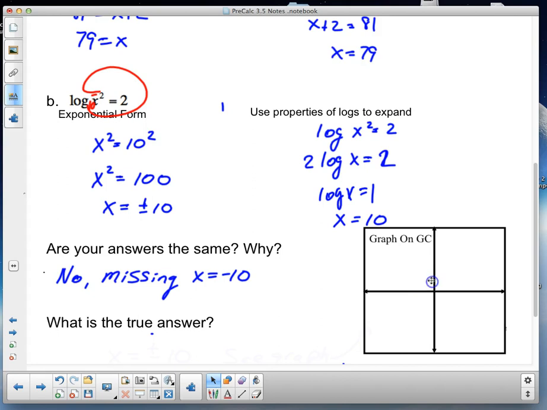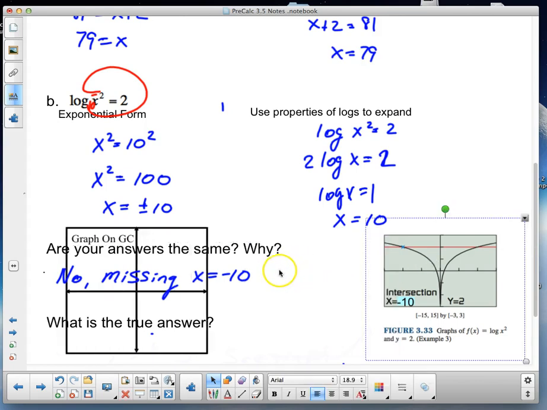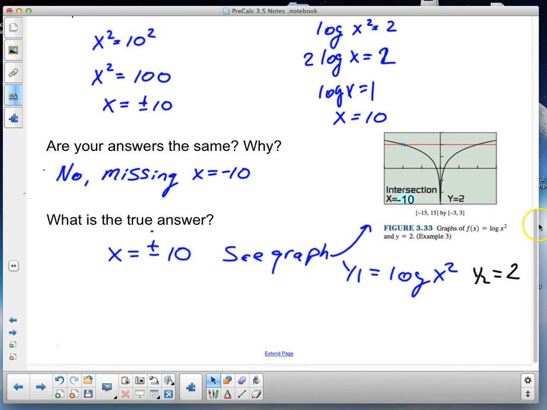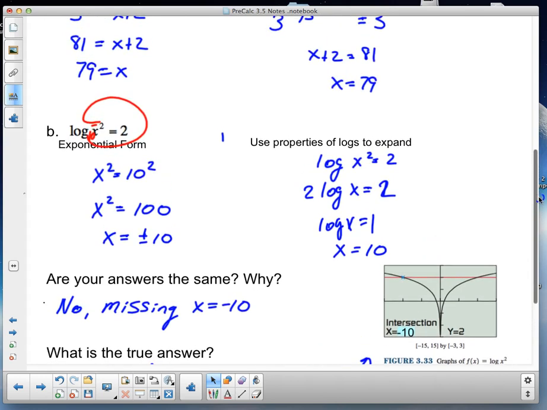If I look at the graph itself, I'm able to see that my graph goes this way, and this is where my 10 is, but this is my negative 10. So I've got to make sure that I'm careful as I'm dividing things out and using my log properties, that I plug it back in and then reason it out.